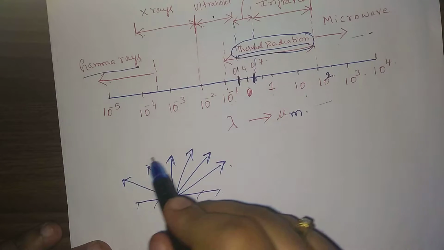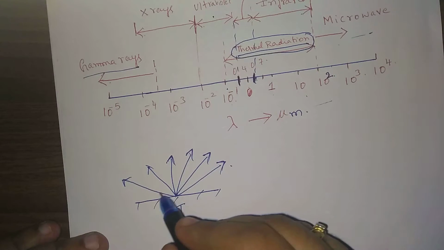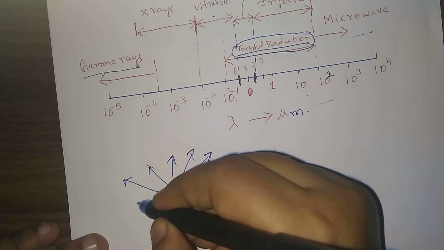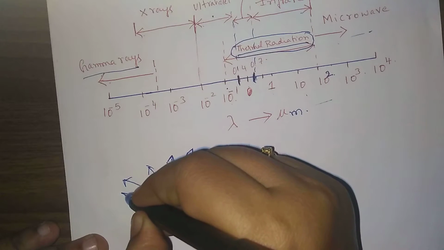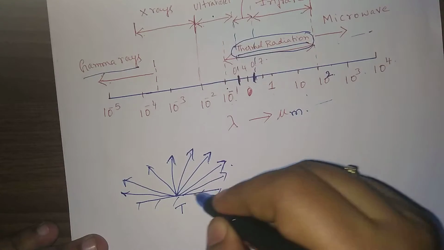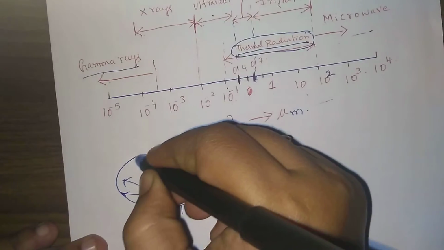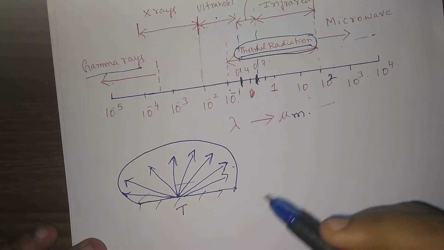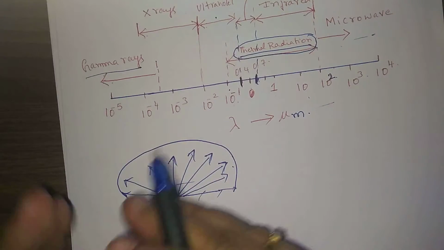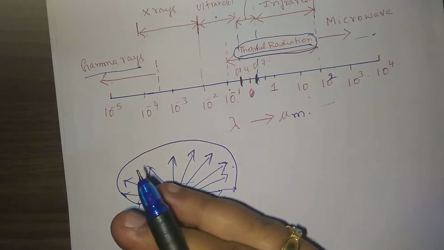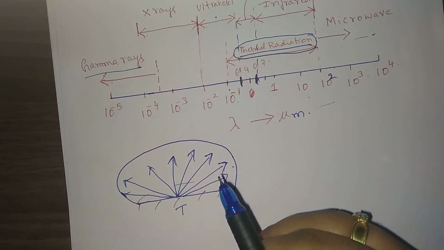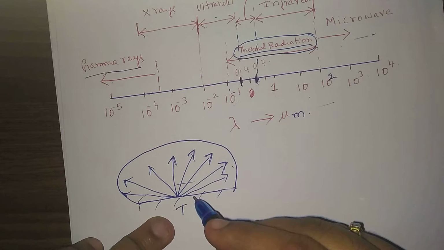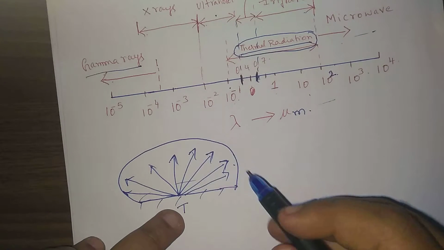Since it is emitting radiation in all directions, it can be enclosed inside a hemisphere. And since it is emitting in all directions, it is hemispherical, and for every wavelength there is this radiation.